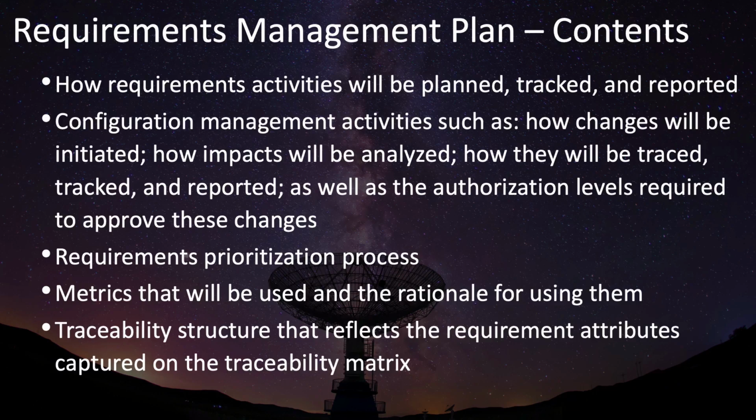Also, any metrics that you'll use to track and report on requirements should be captured here, as well as some explanation or rationale for why you're using these metrics and how they're beneficial to the process and to the project. It will also include the traceability structure that reflects your requirement attributes that are captured on the traceability matrix. Basically, what the requirements are for your requirements traceability matrix.